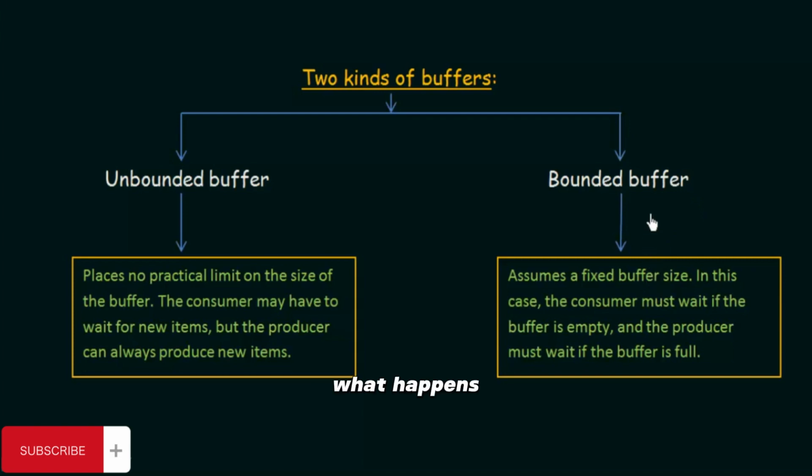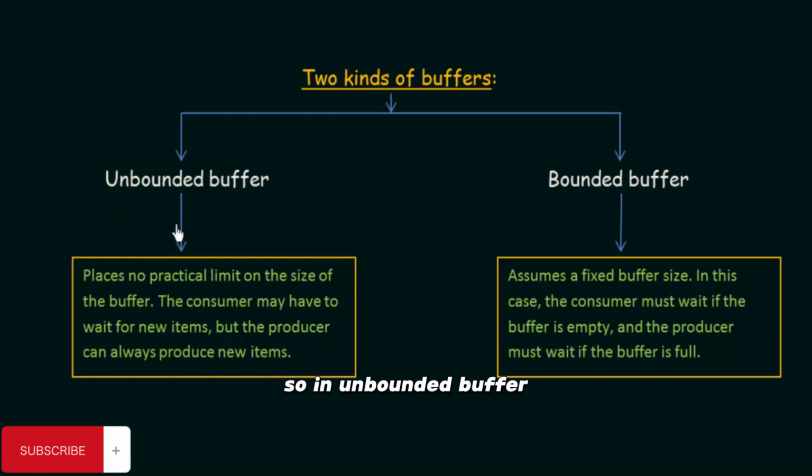And in this, what happens? Similar to the unbounded buffer, the consumer will have to wait if the buffer is empty, if it does not contain any items. And the producer must wait if the buffer is full. Since there is a fixed size, the producer will also have to wait if the buffer is full.